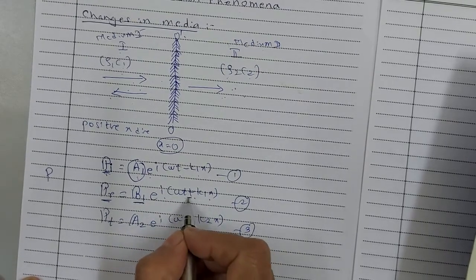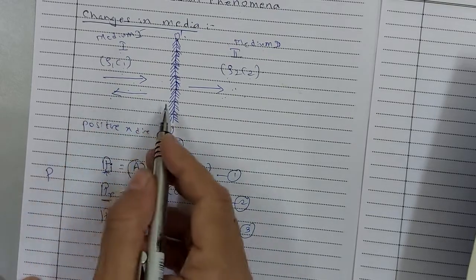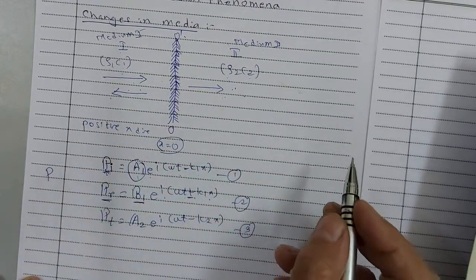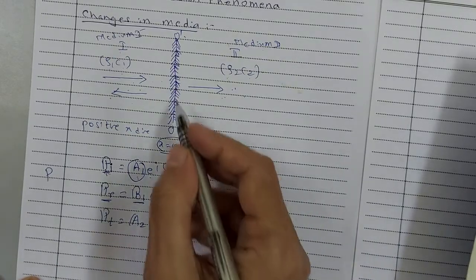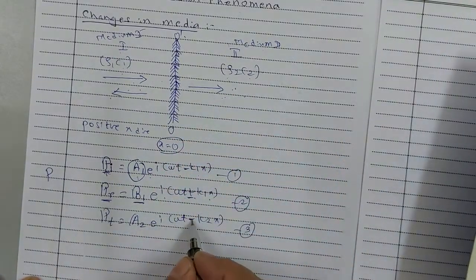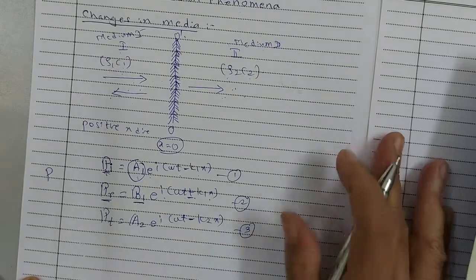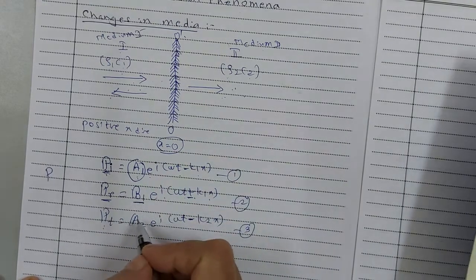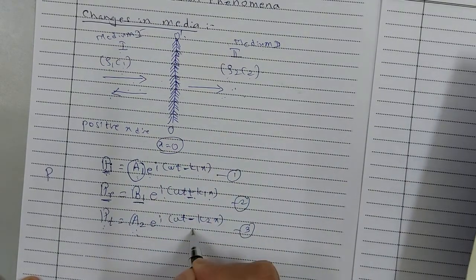Now why plus sign here? Because it is coming back in the negative x direction, and this is minus because of moving in the positive x direction. Same way here, one transmitted wave in the same direction, so that's why minus sign. So Pt is again a complex pressure, but A2 is my amplitude for the transmitted wave, with a minus sign.